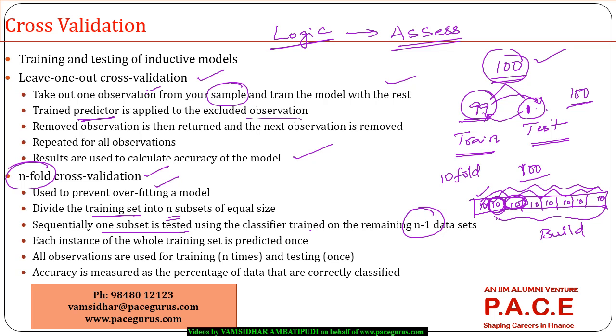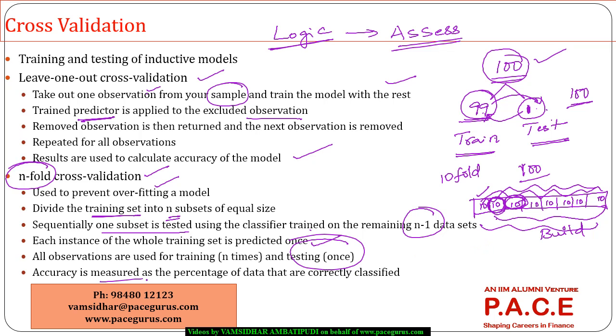Each of these models is built, and in each model we are testing a different set of data altogether. So each instance of the whole training data is predicted once, and all observations are used for training n-1 times, whereas for testing they are used once.